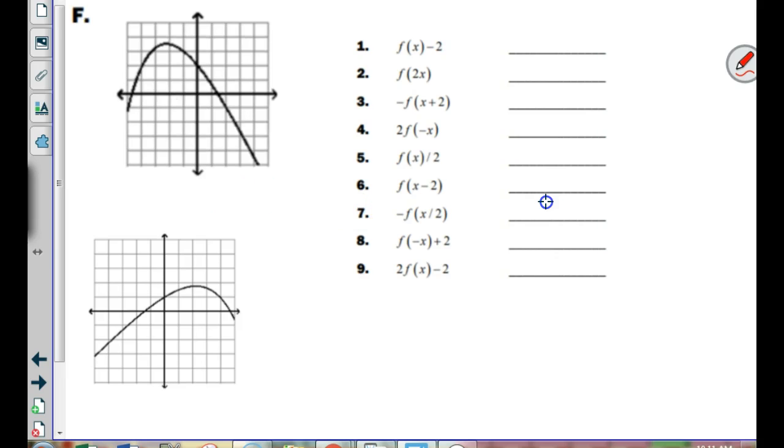What about this one? This one is reflected across the Y. What change is reflected across the Y? A negative inside. So I need a negative inside, so I have this choice or this choice. So is it stretched or just shifted up?